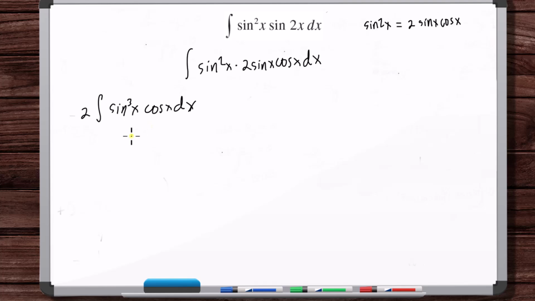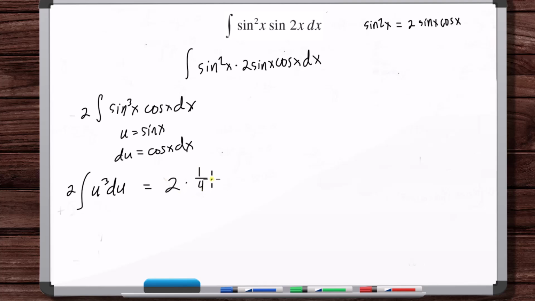And there we go. That's perfect. U is equal to sine of x. Du is equal to cosine x dx. So we've got the integral of u cubed du. So 2 times 1/4 u to the 4th, 1/2 u to the 4th. Okay, so sine to the 4th of x over 2 plus c. That's it.